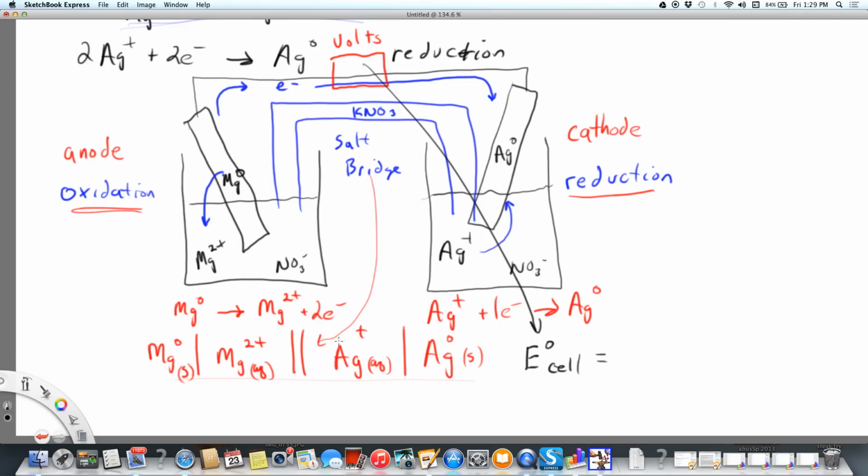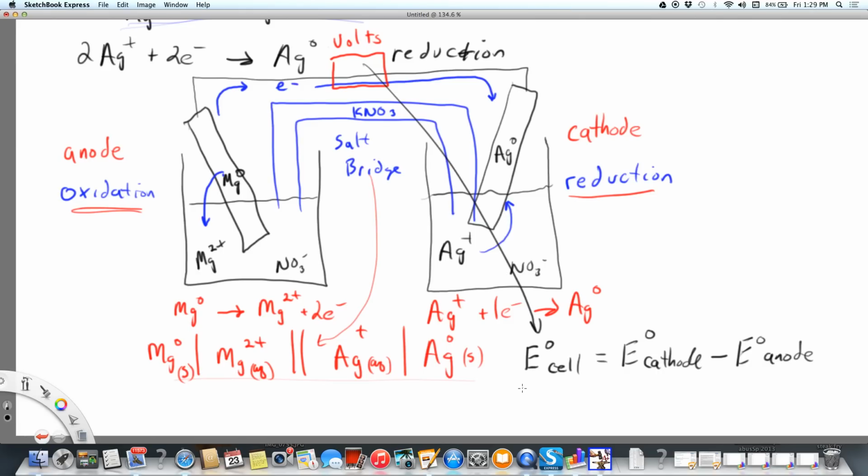The E0 of the cell is equal to E0 of my cathode minus E0 of my anode. Again, those are both going to be looked up, but it's very important that we remember this equation.